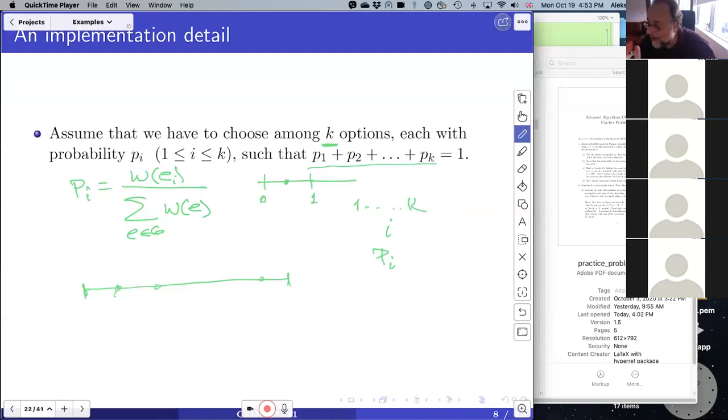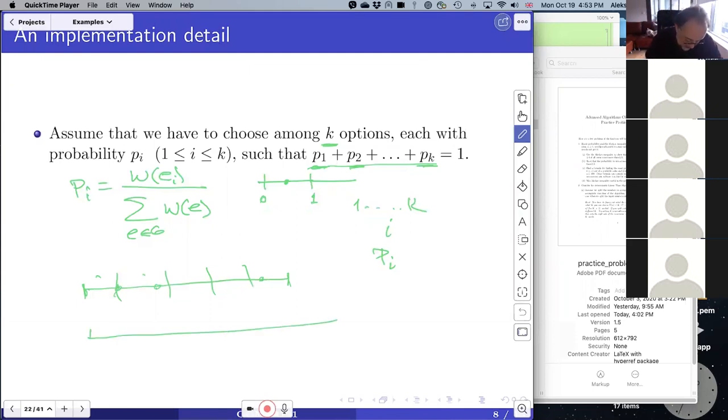If you chop it into k sections of equal length, the trouble is this would work only if all the probabilities are equal, because then it's equally likely that you will be in any of these intervals. But you want it proportional to their probability. Donna is on the right track. That's very good advice.